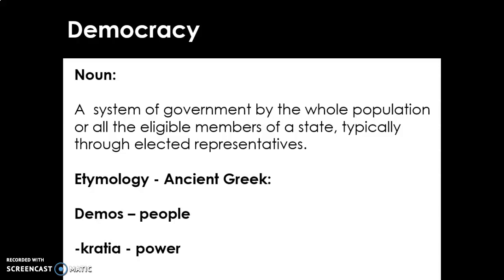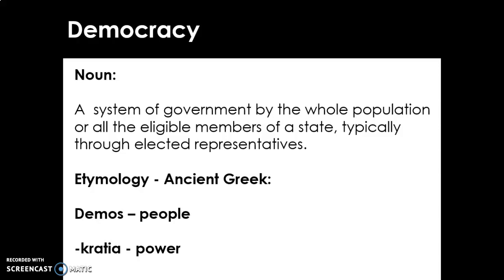But there are certain things that you could do as a citizen to exclude yourself. For example, if you commit a crime and you're sentenced to a term in prison, you lose your democratic vote. Similarly, if you're not a citizen, and a citizen means that you have met the criteria to pass into British citizenship.